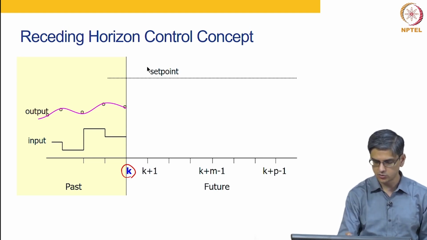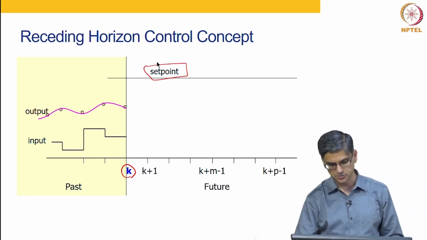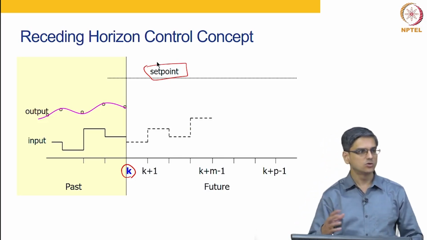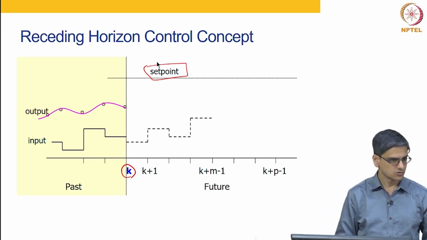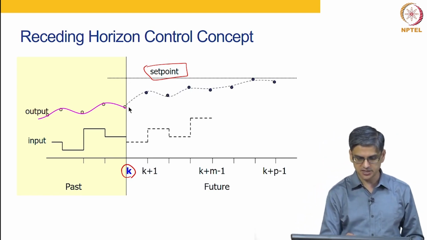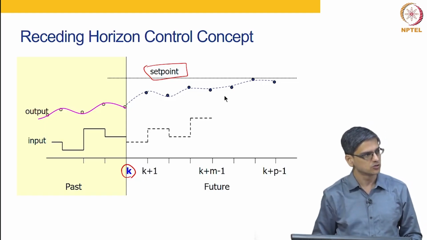This is where you want to go, the set point, and you want to go to the set point in the most optimal way. So, the model is used to try out a few input trajectories. Based on these input trajectories, the model is used to predict what the future is going to look like.